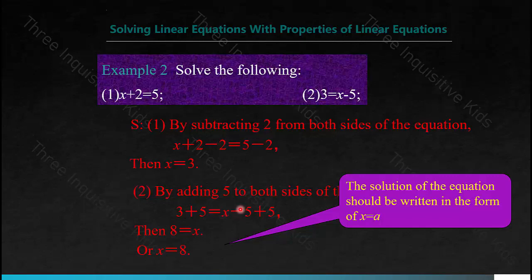So you always have the variable on the left side and the solution on the right side, because it doesn't really make sense to have 8 is equal to x, because you first have the variable and then you solve it. So x is equal to 8. And even when you say it, it sounds better to say, our variable x is equal to 8, rather than saying 8 is our variable x.